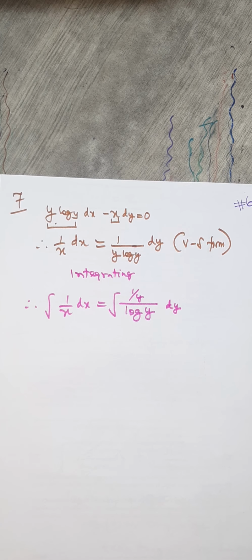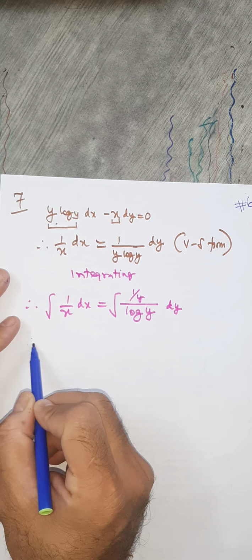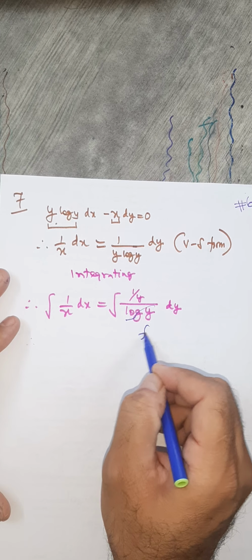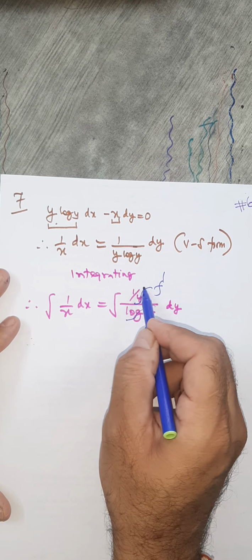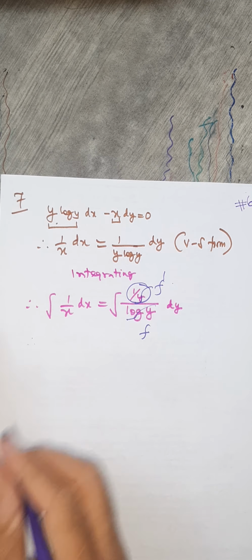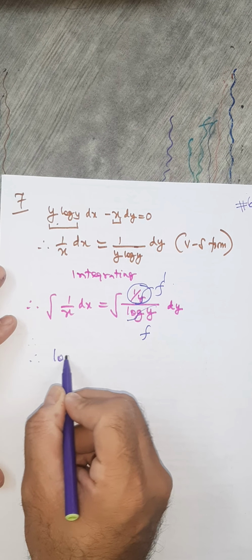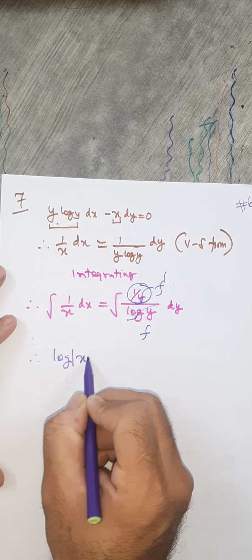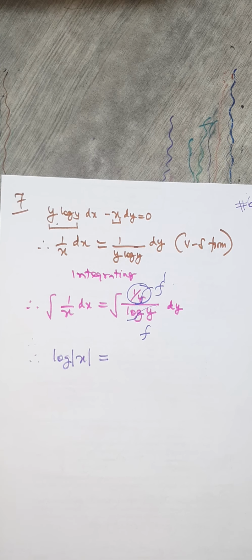Now you notice what's the right hand side integral? It is in the form of f dash upon f. Is it? This is f and this is f dash. So how will we integrate this? Here this is log of mod of denominator expression. What is the right hand side?